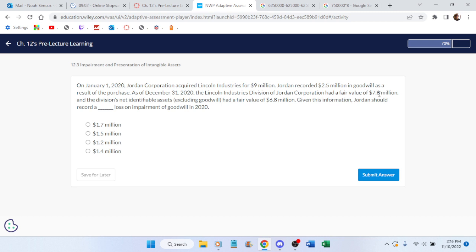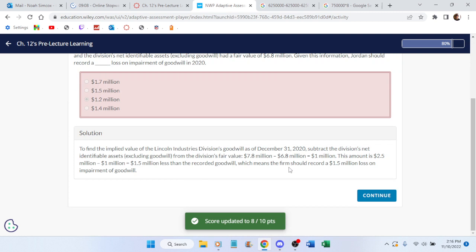So 1.2. You do 7.8 minus 6.8? Then they did 2.5 minus 1 equals 1.5?